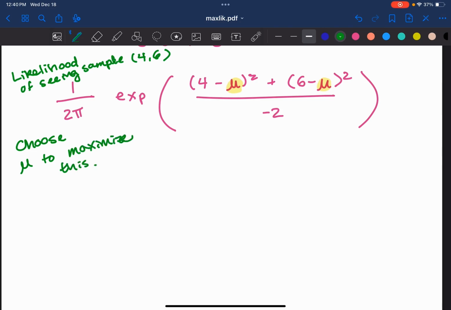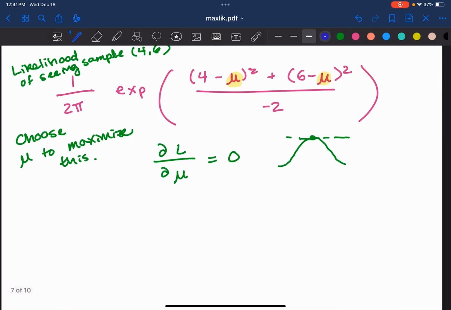The way we would do that is to take first order conditions, find the partial derivative of this likelihood with respect to mu, and set that equal to 0. At the maximum, the derivative will be 0. That's the idea. The thing is, finding the derivative of this is a little more complicated than it needs to be. So I'm going to use the trick that I mentioned earlier.